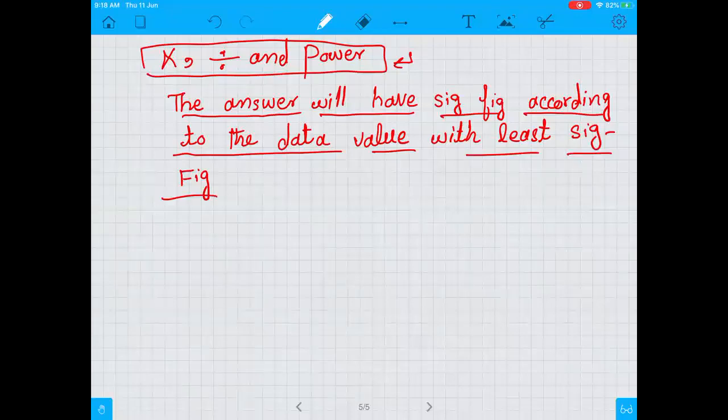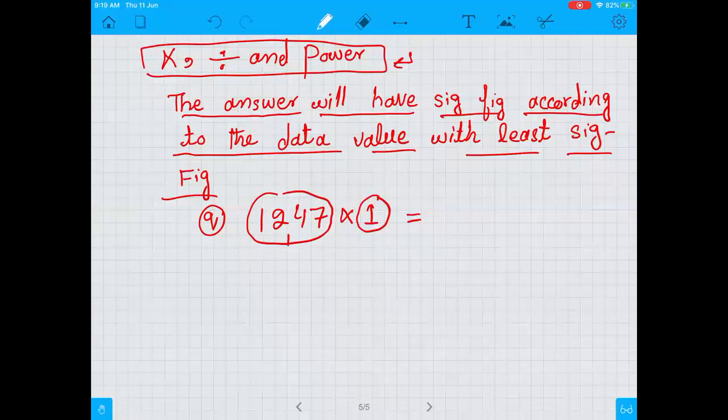Just for example, if someone asks you to multiply 1247 with 1. Now these are two data values and they are to be multiplied. The calculator will return an answer of 1247. But the problem is that the calculator has no idea about significant figures.